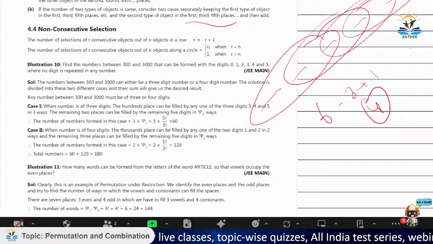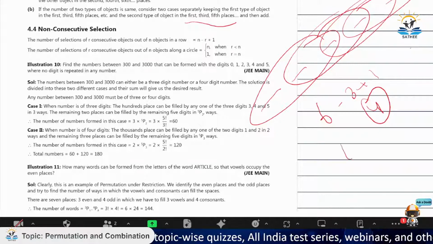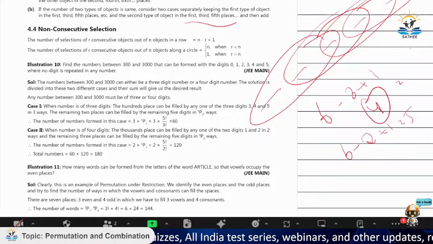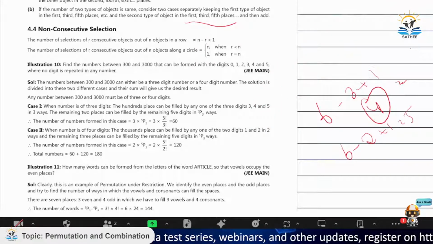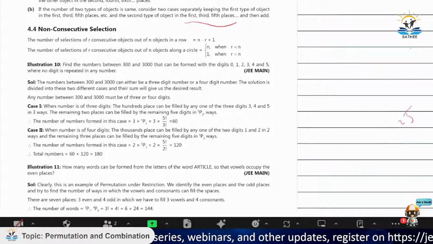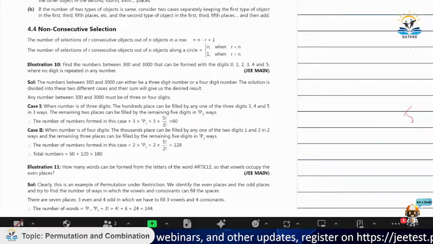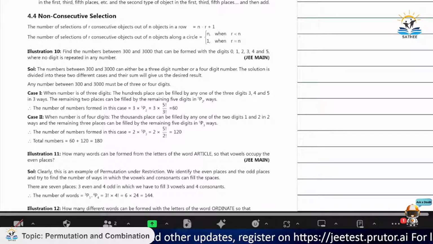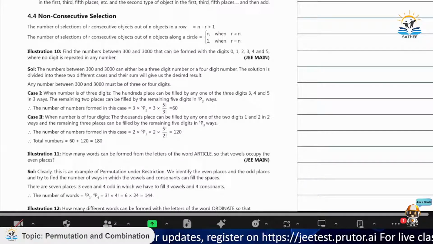For two, our answer was 5, so 6 minus 2 plus 1 gives me 5, and this had already given me 4. We get our values right. So moving on. This is very easy, guys. I am just being basic with you because we were told to cover the basics, so we will cover the basics now.